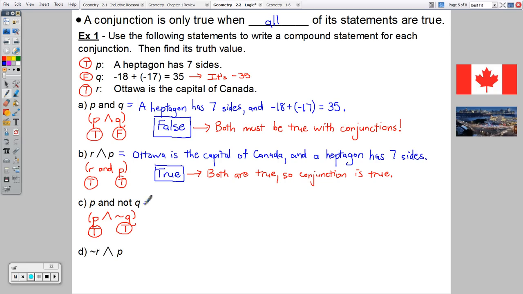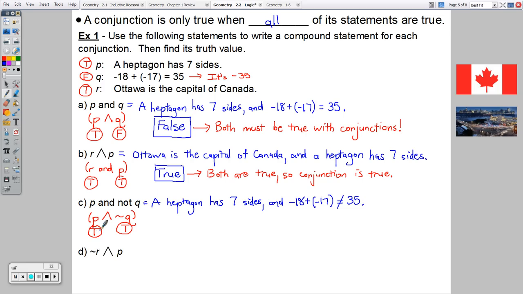If we write this out in words, let's see what we got. A heptagon has 7 sides, and negative 18 plus negative 17 does not equal 35, the opposite of Q, not Q. And so is this true or false?